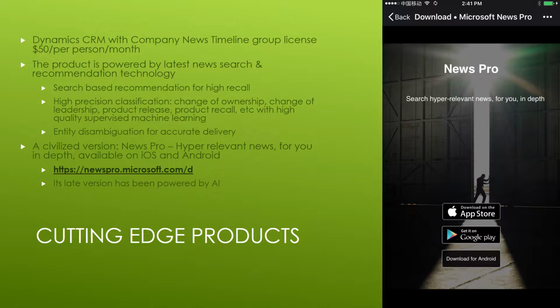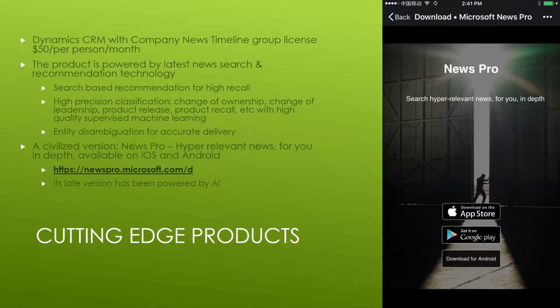Second, we have to be able to nail the precise user intent and keep tracking change of ownership, change of leadership, product release, product recall, etc. with very high precision. Third, we have to be able to accurately deliver the news to the very targeted salesperson. So all three problems are very interesting and very difficult to solve, and we solved them together with our partner.